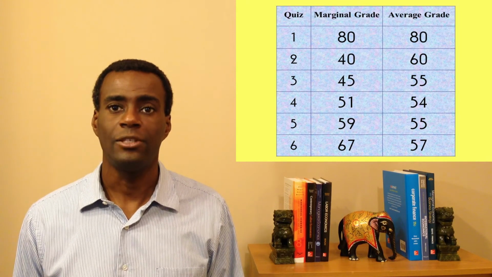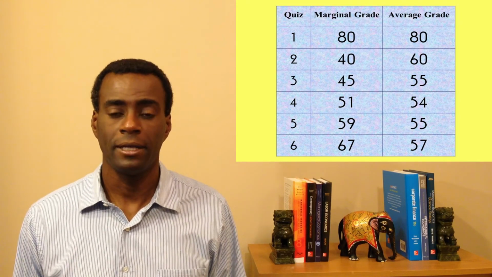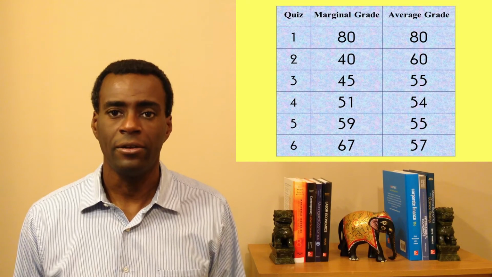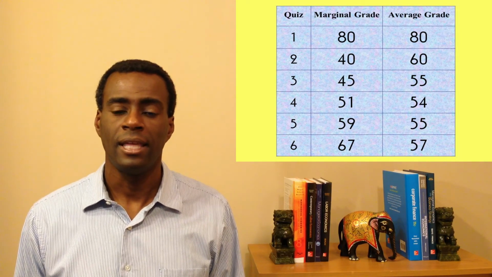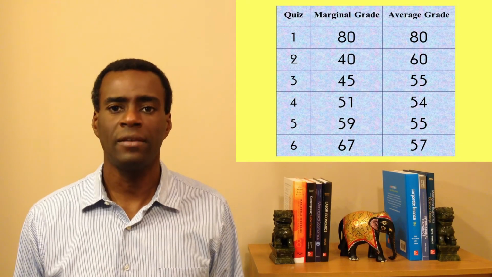And as soon as the grade obtained by the student is higher than the average at that time, then that grade will pull the average up. And this is how we explain the U-shaped nature of both the average total cost and the average variable cost, as the marginal cost impacts them in much the same way.